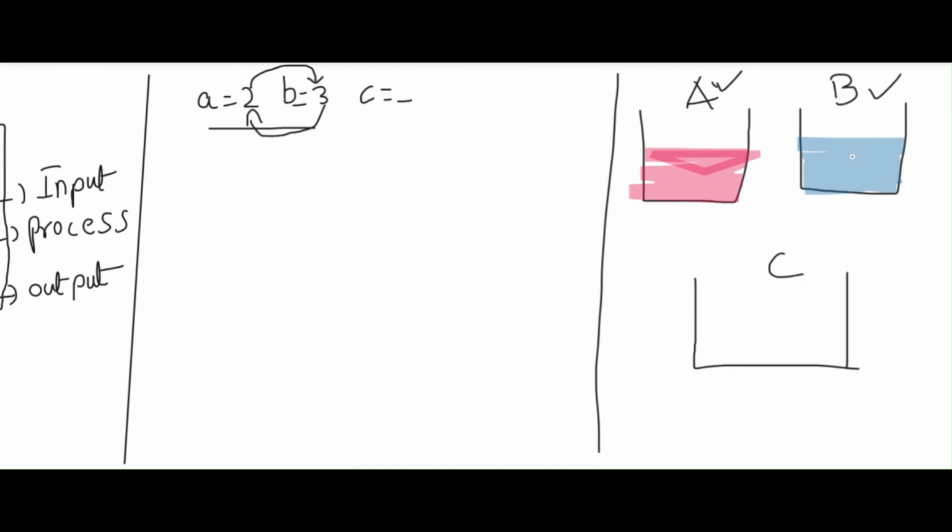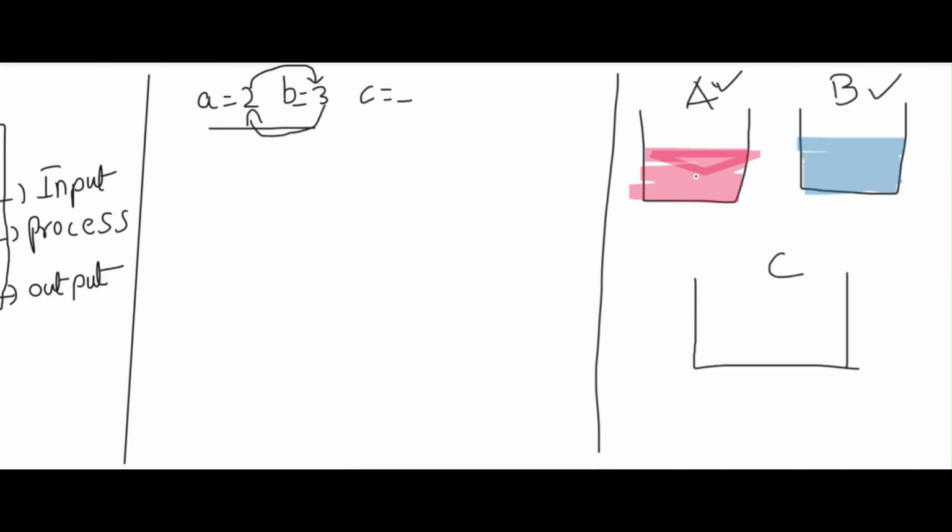Now I want to swap these. I want to pour bucket B's water, the blue water, into bucket A and the red water into bucket B. You are given an empty bucket already. What do you do? Just pause this video and think of the logic.